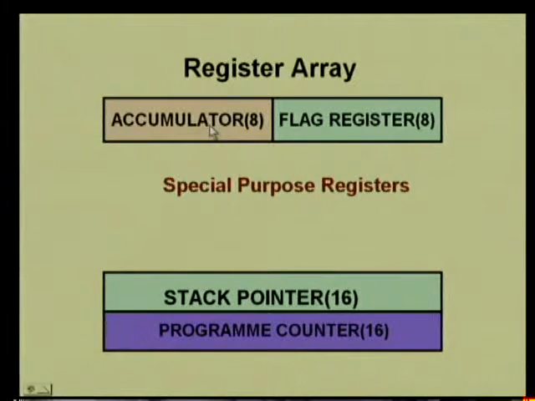Here the accumulator can be treated as a general purpose register or can also be considered a special purpose register. It is a special purpose register because the accumulator contains one of the data while arithmetic or logical operations are going on. So one of the data must be in the accumulator when actual data manipulation takes place. That's why the accumulator is considered a special purpose register.